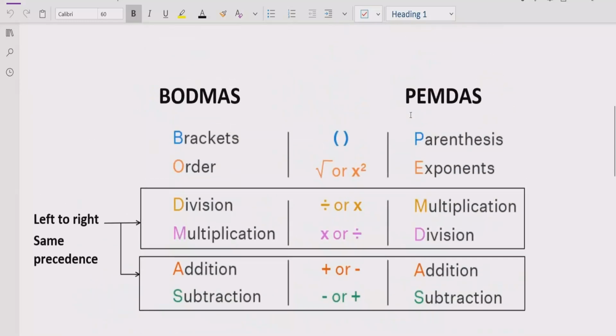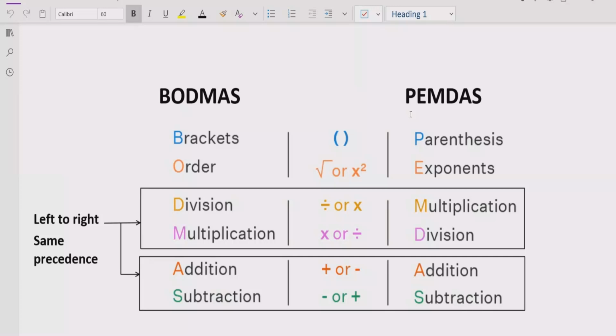Just recall what the BODMAS and PEMDAS rule is to solve this expression. If you are having any arithmetic expression, there are some rules, which are BODMAS and PEMDAS rule, that we can follow to solve these types of expressions.